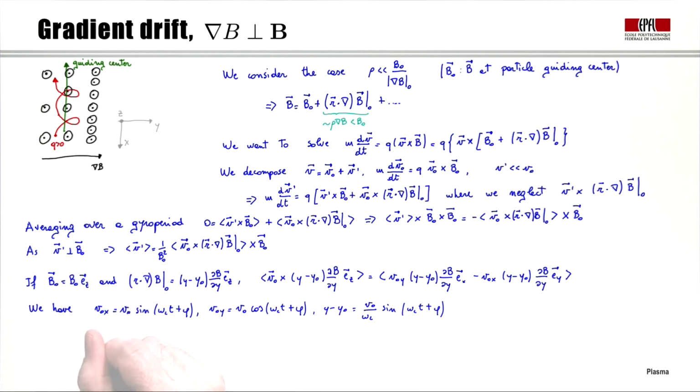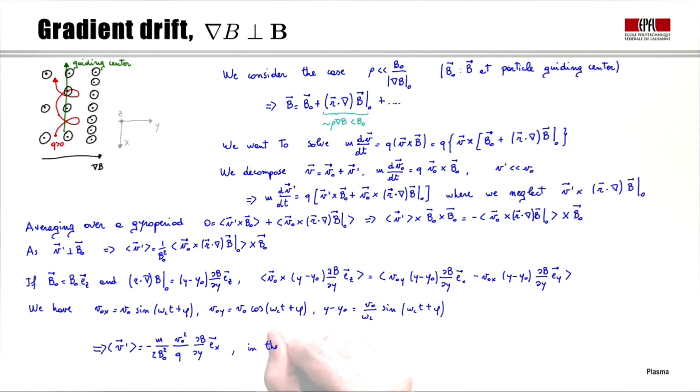If you do all the calculation, this gyro-averaged V prime will be equal to m, the mass of the particle, divided by 2 B0 squared, v0 of the particle, divided by the charge, dB/dy, ex.